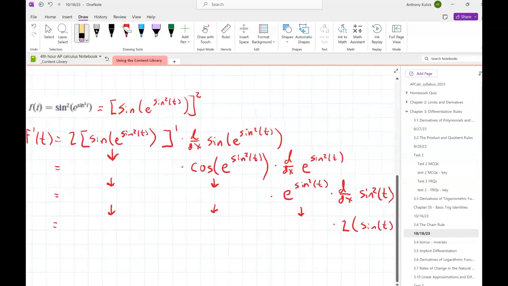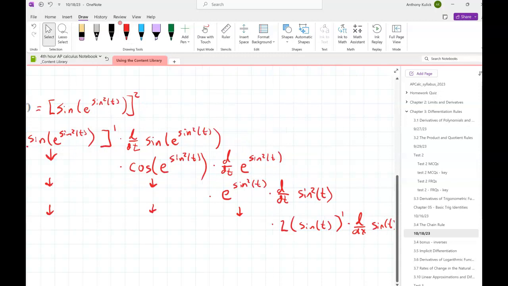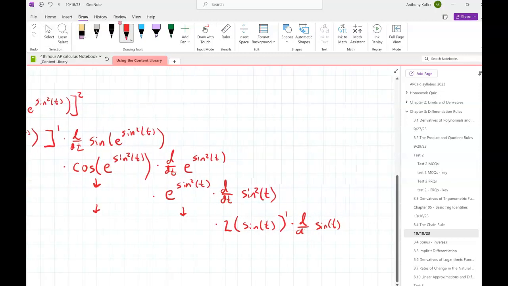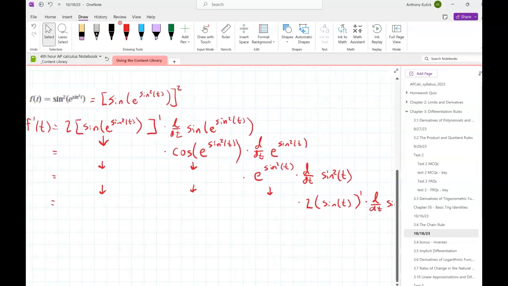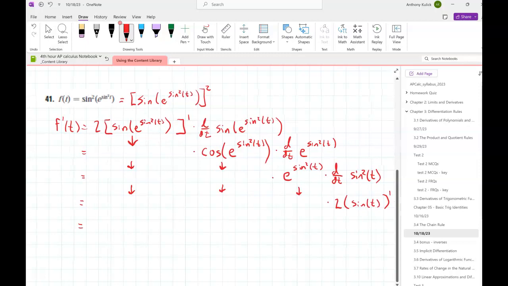So when I've written d dx each of these times, what do I really mean here, though? d dt. Why should it be a t there? Yeah, because the variable in the problem is t. Good. And so now I have everything I need.